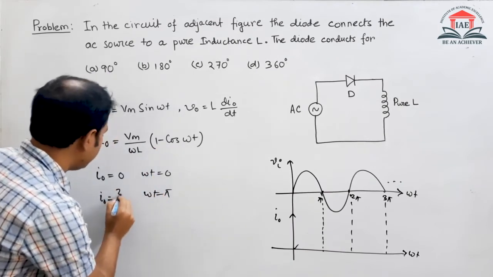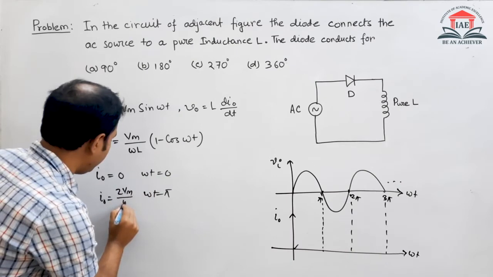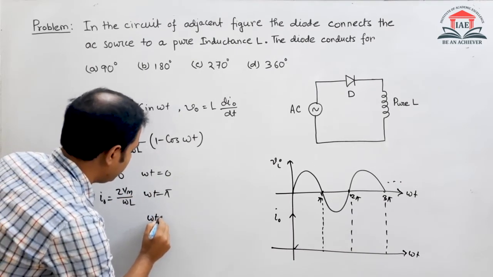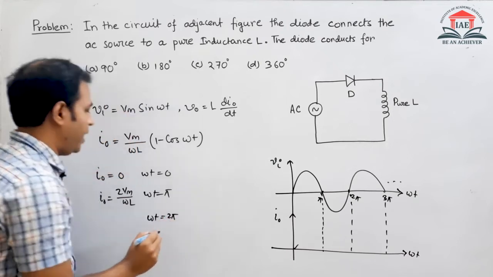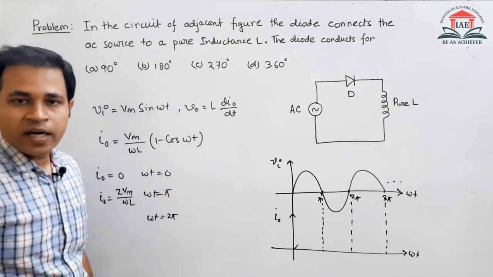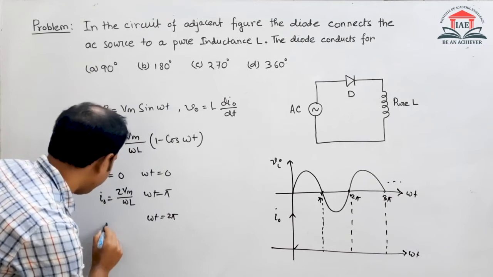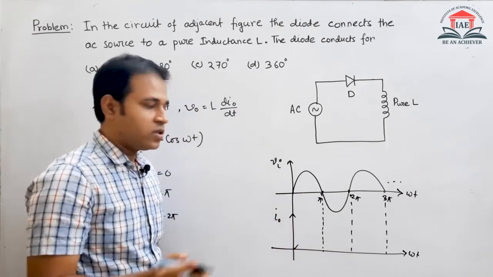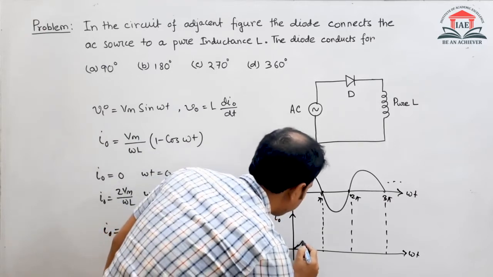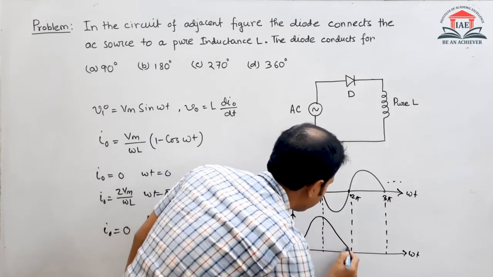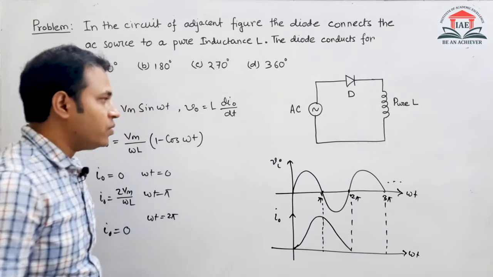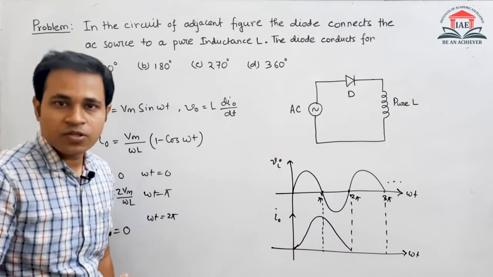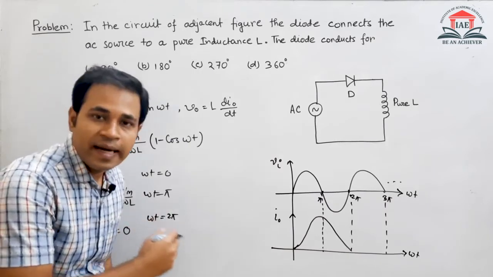Then again, if we take omega t equal to 2 pi, cos omega t is 1, so we get Io equal to 0. So the output current waveform will be this one. So we know that in case of pure inductance connected to the AC source, it will conduct for the entire cycle.